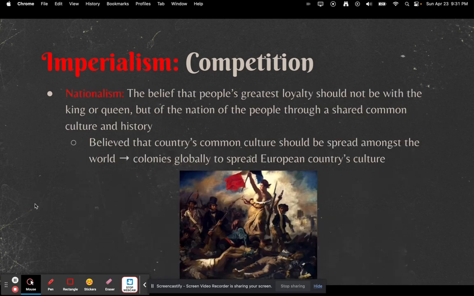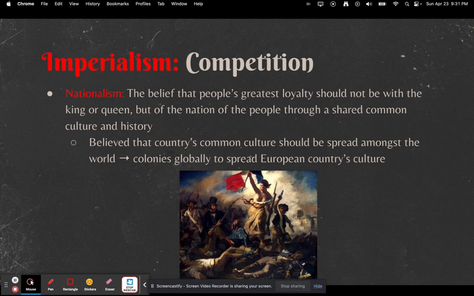All right, another word that's going to pop up a lot is nationalism. That is the belief that people's greatest loyalties should not be with the king or queen, but with the nation of the people through a shared common culture and history. So they believe that the country's common culture should be spread amongst the world.